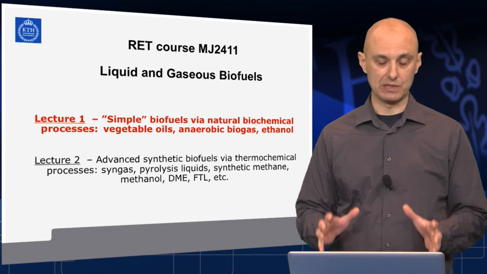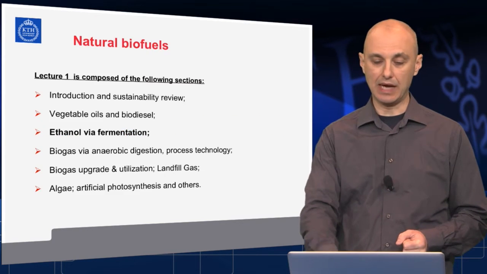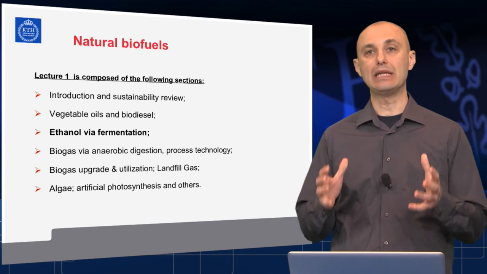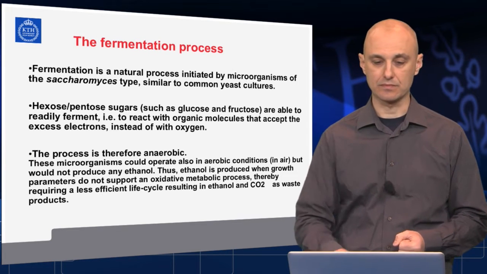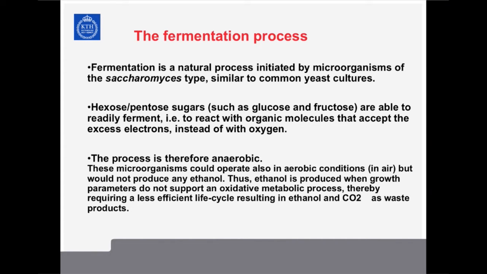We still talk about simple biofuels via natural biochemical processes, and now we will focus on ethanol, the typical alcohol fuel, via fermentation. The fermentation process is a very naturally occurring process which is initiated by microorganisms very similar to the common bread yeast cultures.